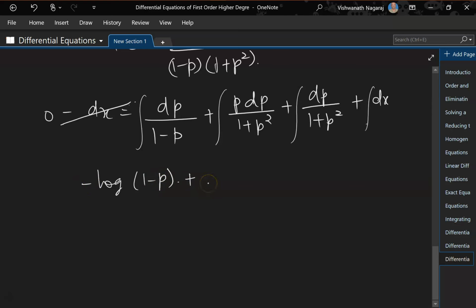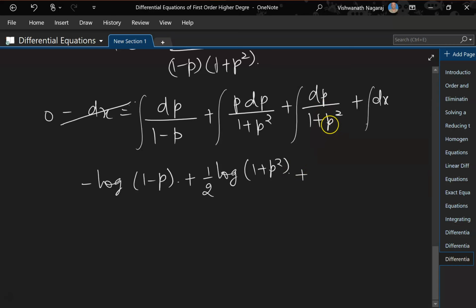Plus, now here again, if you take log of 1 plus p square, you get 1 by 1 plus p square times 2p. So we need to get rid of that 2, so 1 by 2, plus. Now here p is not there in the top, so we can't just directly say log.